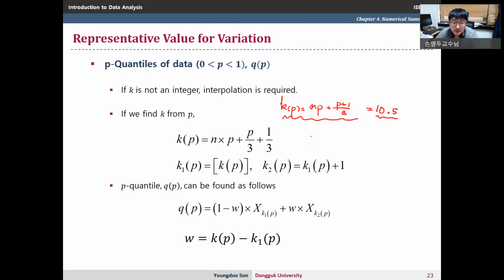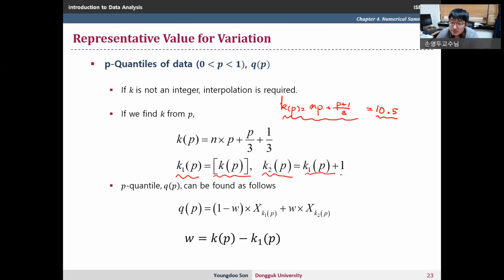Okay, let me explain what the interpolation is and how the interpolation works. For the non-integer numbers, there are two nearest integers, which is here the k1p, which is defined as the floor of kp, and the next one is the k2p, which is k1p plus 1.